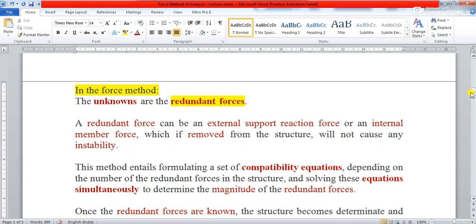A redundant force is nothing but an external support reaction force or an internal member force, right? Which can be removed from the structure. When removed from the structure, that force will not cause any instability of the structure, isn't it? So you see, redundant force in this structure.